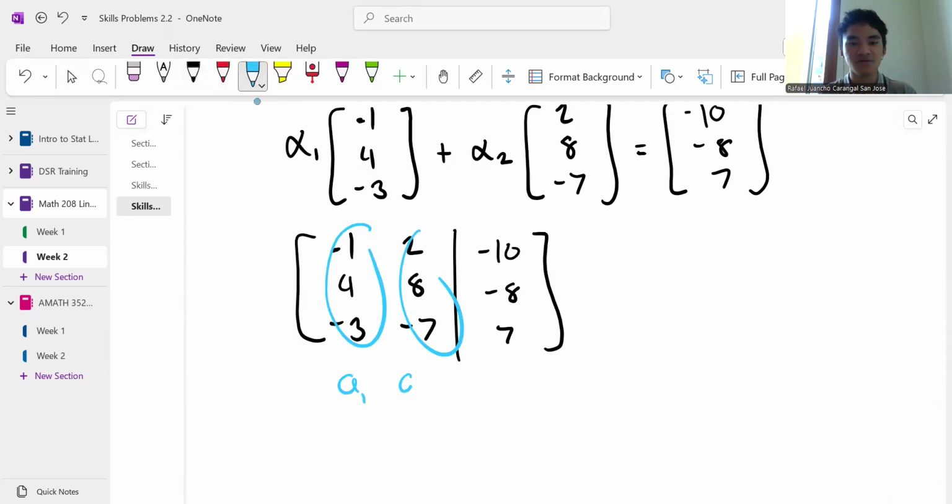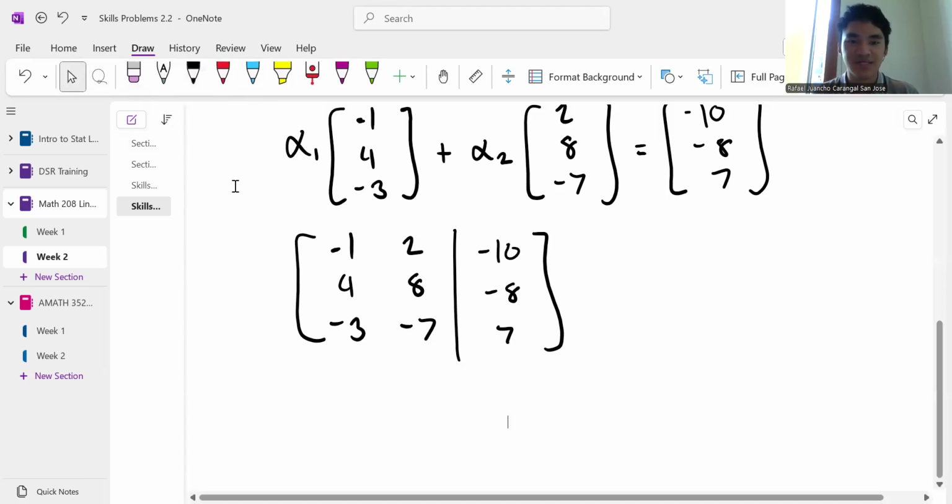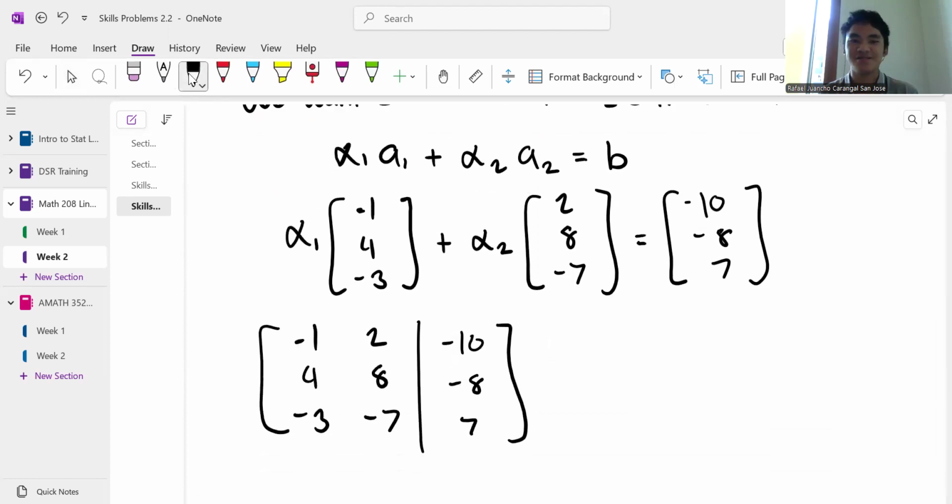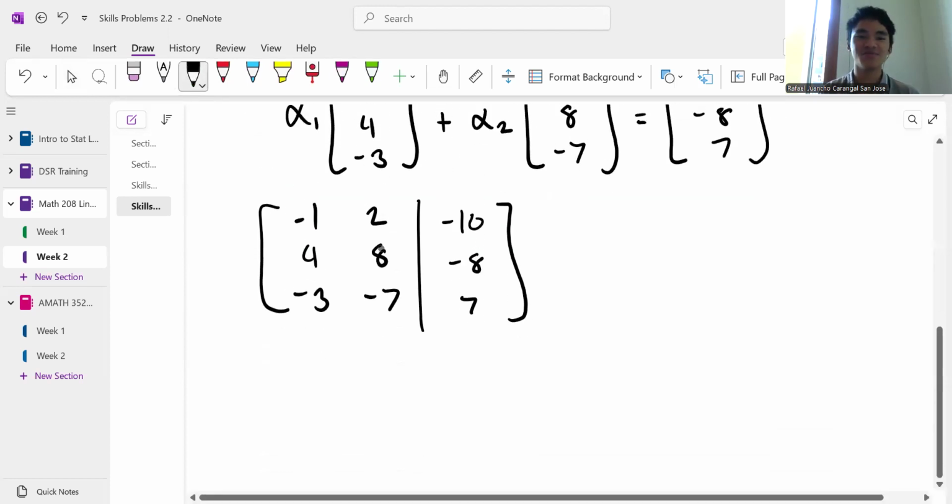A sub 1, A sub 2, B, right? And then we're going to use this idea called Gaussian elimination, which is an algorithm used in many computers, but the teacher wants us to do it by hand, which is pretty annoying, but that's the way it is, right? We start by doing it by hand first, then we do it in a computer.